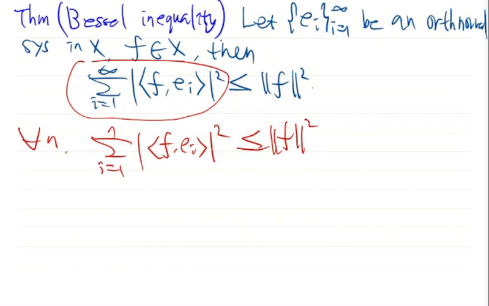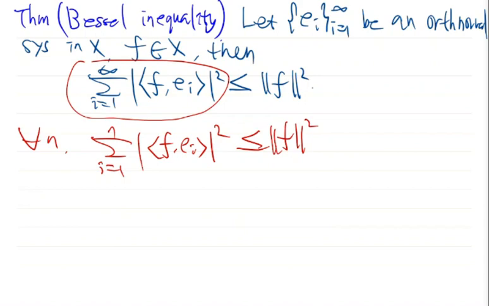Because this is a non-negative series, every term is non-negative, so the series converges. And the sum of this series is not greater than the norm squared of f. So this is the Bessel inequality we just proved.